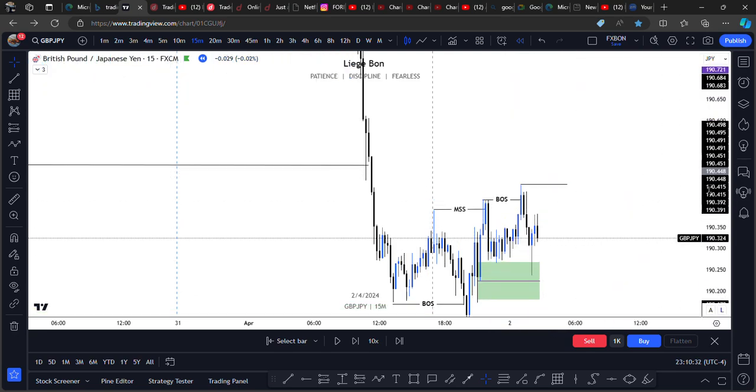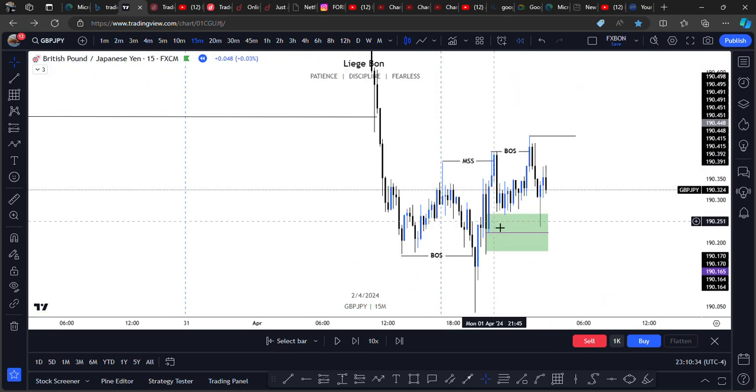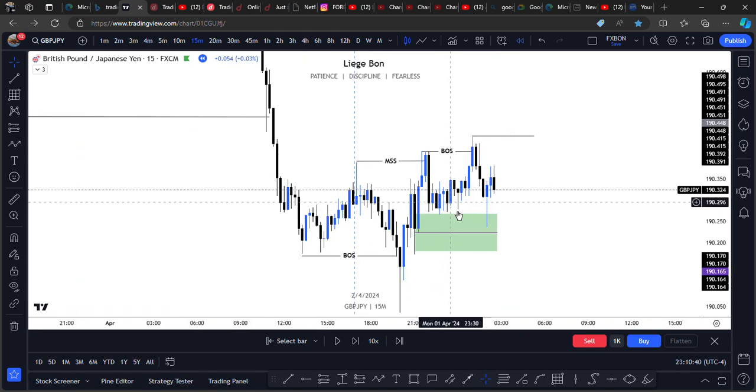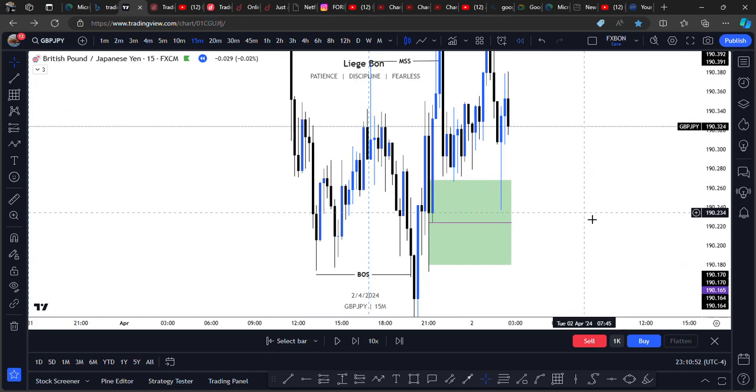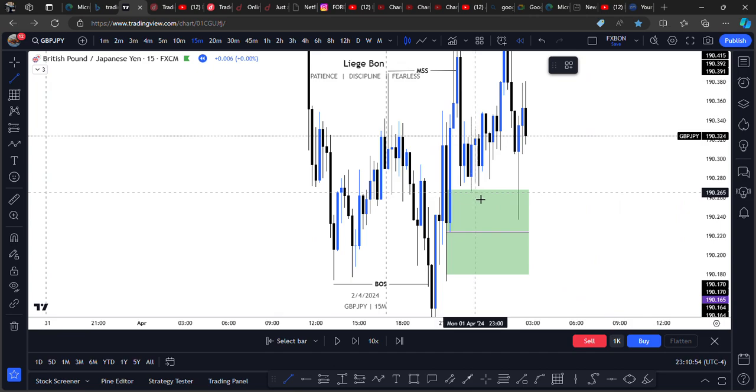You see in this case right here, this demand here caused the shift here, but the pullback wasn't deep enough for a proper inducement. So when we had a break of structure, the market had to come back for a proper inducement of that demand, right? Good. In other words, making a liquidation of this point here.